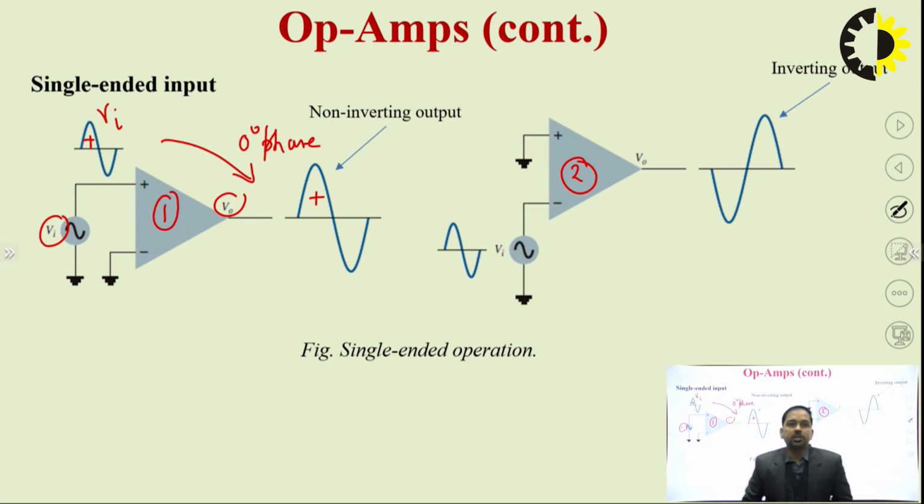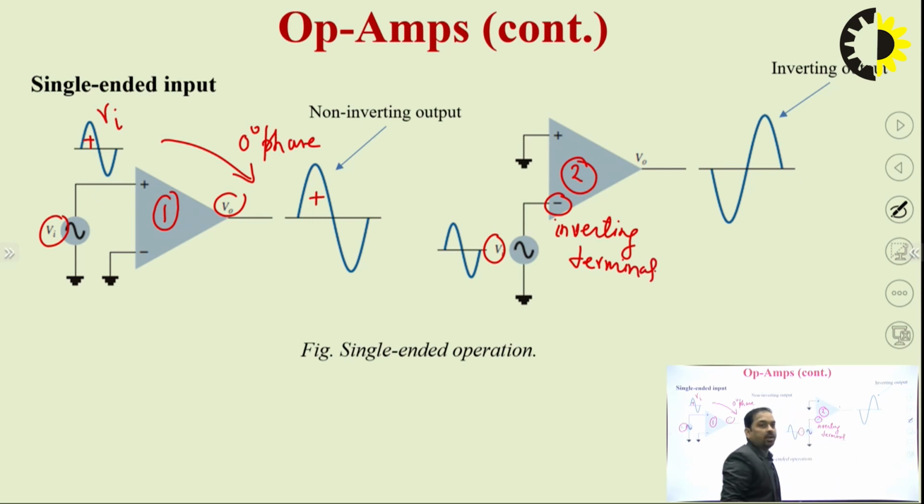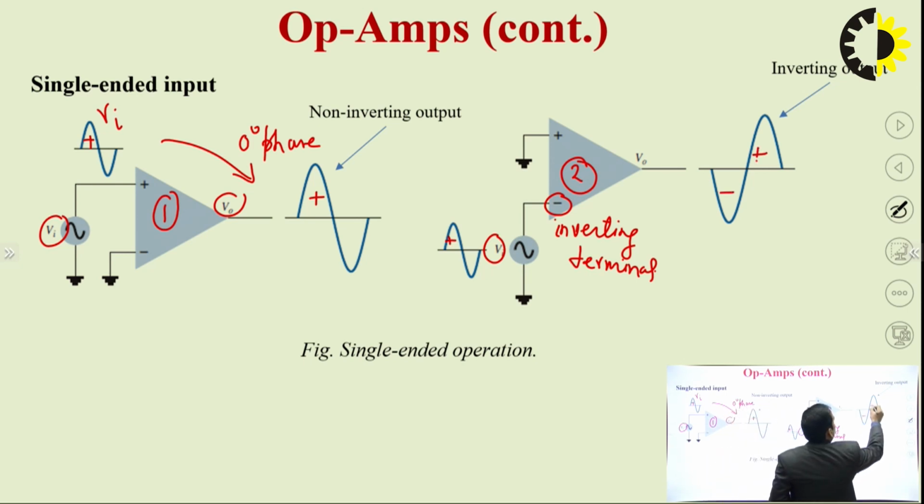Whereas if we see the other case where the input signal is applied at the inverting terminal of the op-amp, then we achieve a waveform which is opposite in polarity.